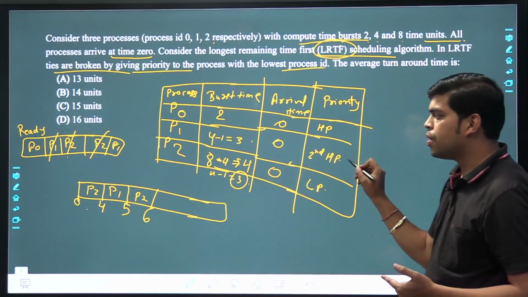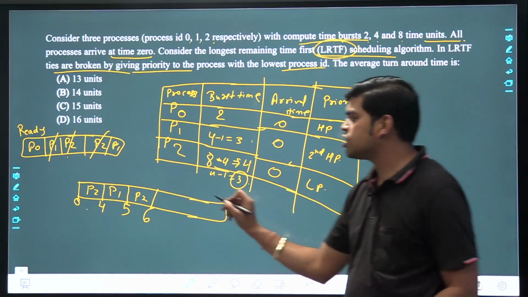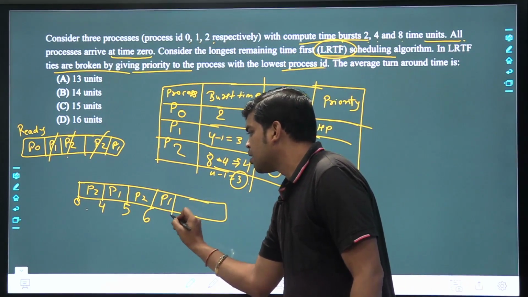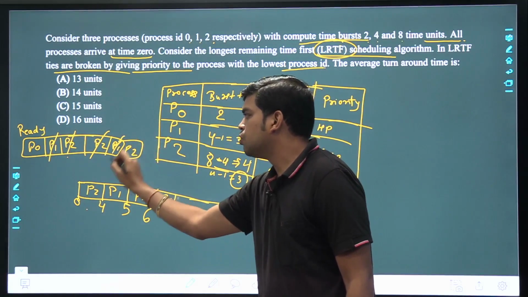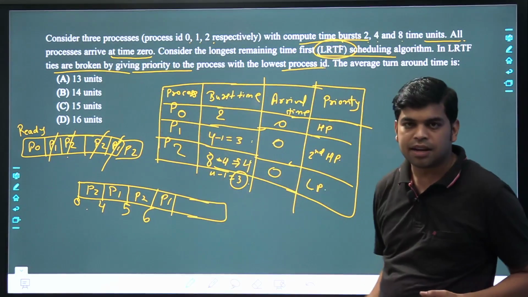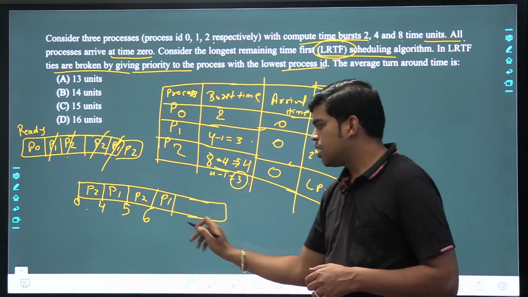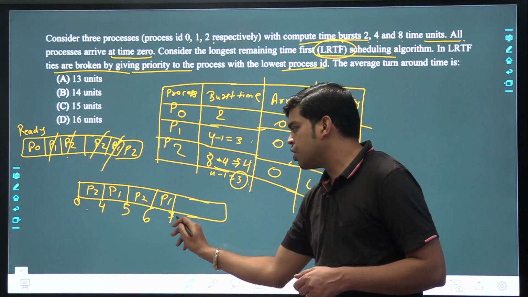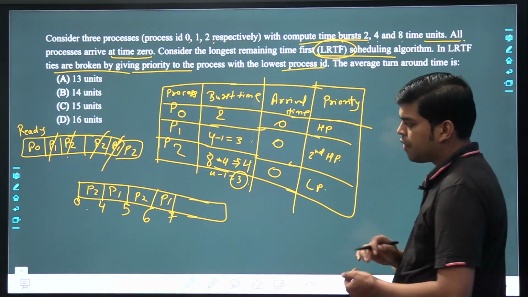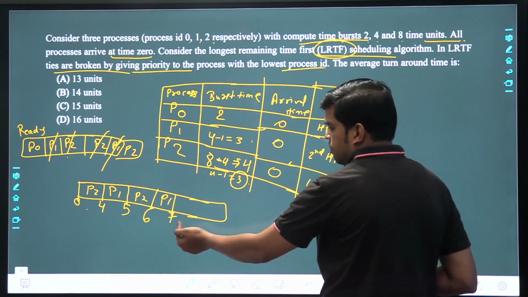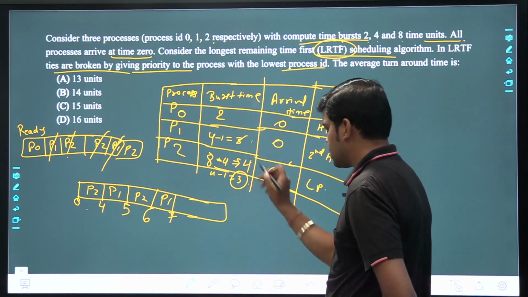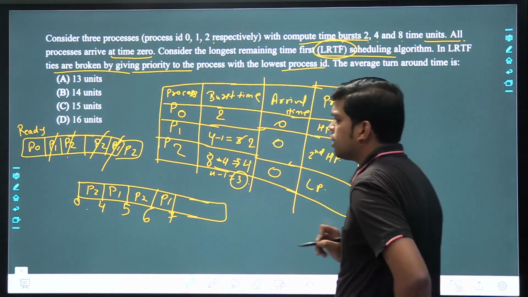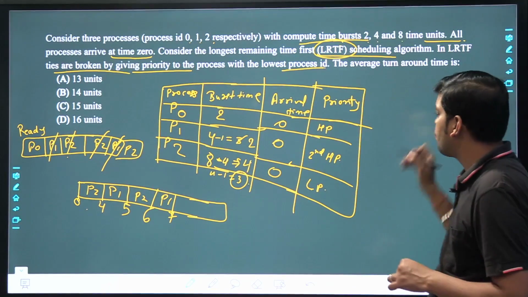The priority of P1 is greater, so we again execute P1 and P2 goes to the ready queue, where P0 already exists. So P1 is allocated here. After P1 executes for 1 unit of time, its burst goes from 3 to 2. Now the burst of P1 is 2.